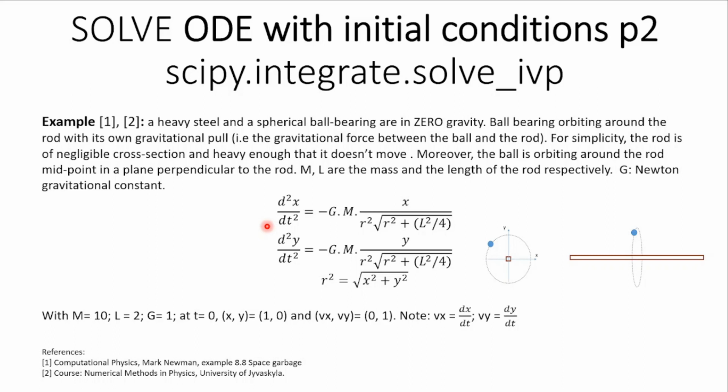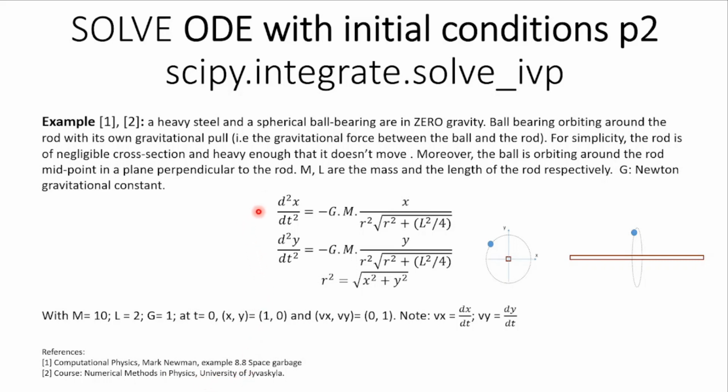So let's see what example we're going to solve. This is an example from the computational physics book, together with some information from numerical methods in physics at the University of Jyvaskyla.